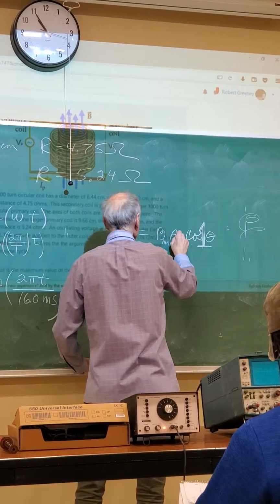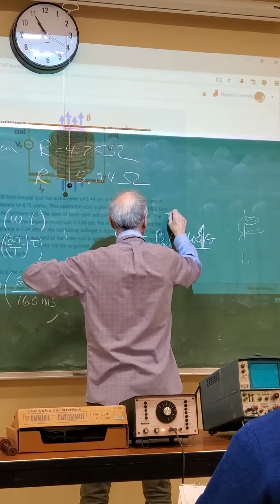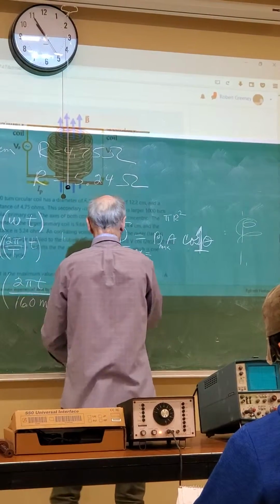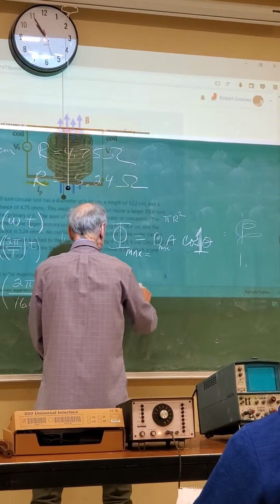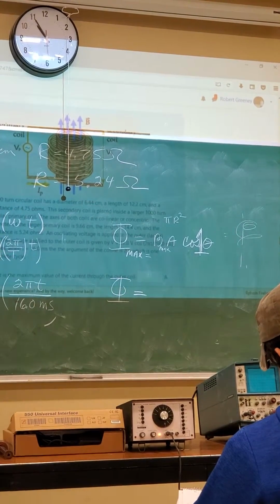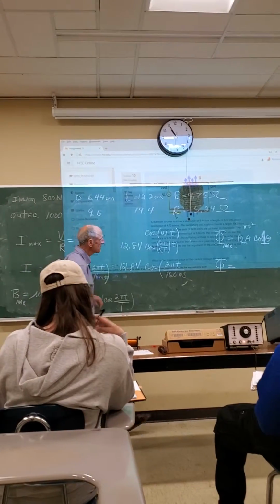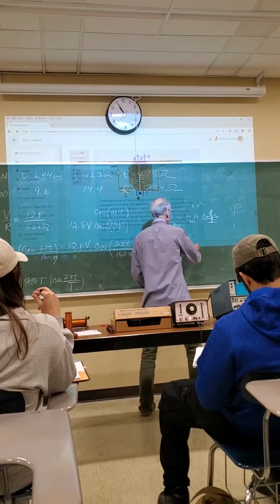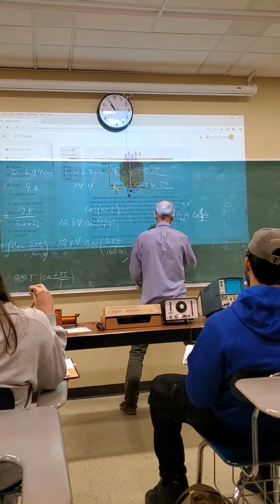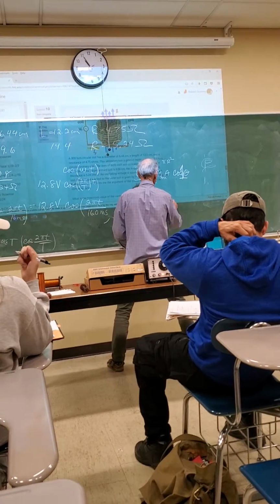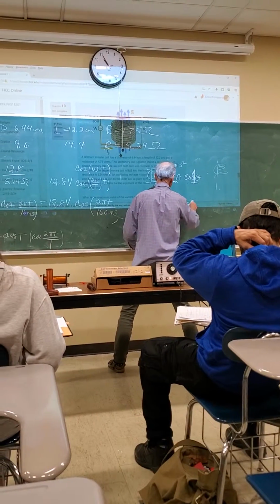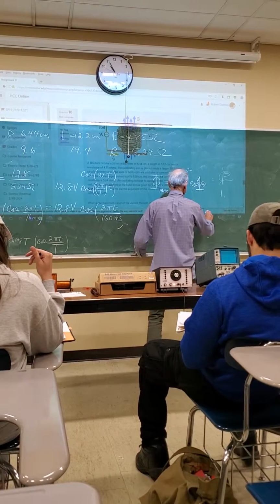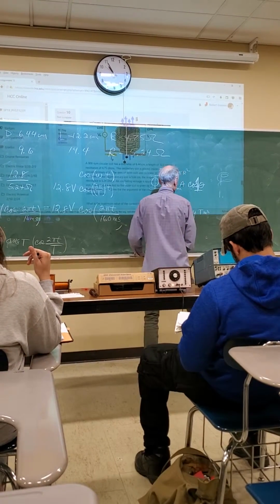The area comes from pi r squared. So the flux max is going to be this number times the area times 1, whatever that ends up being, 0.0694, whatever it is, and that's going to have units of Tesla meters squared.